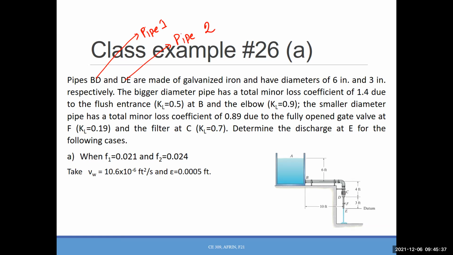There are two cases. In case 1, we already know the friction factor. In case 2, we don't know the friction factor. That will be a little bit difficult, but we will work with the first case first, where we know the friction factor. So what I will do is write down all the given values first, and then we will proceed.